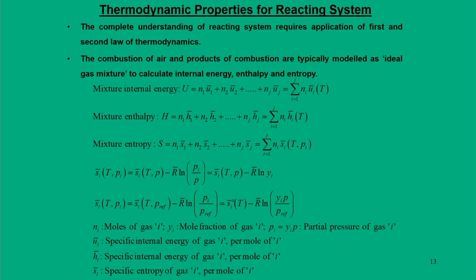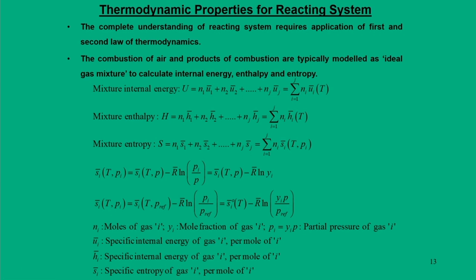But here, to calculate this temperature and pressure, people use the concept of absolute entropy, where we assign a reference value of given constituents at reference pressure P ref and reference temperature T ref.